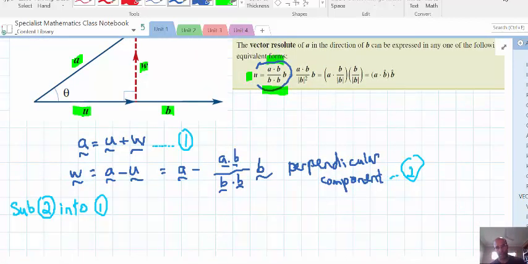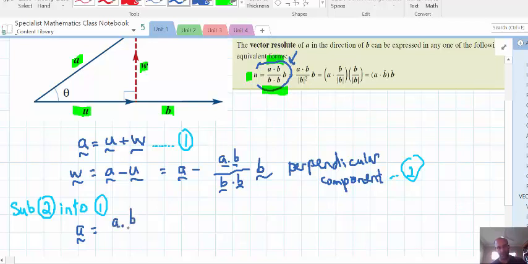I've given each of the results a number or a title, and so if we sub result 2 into result 1, we get the following here for A if we want to resolve A. There's u, you might remember that from not very long ago.